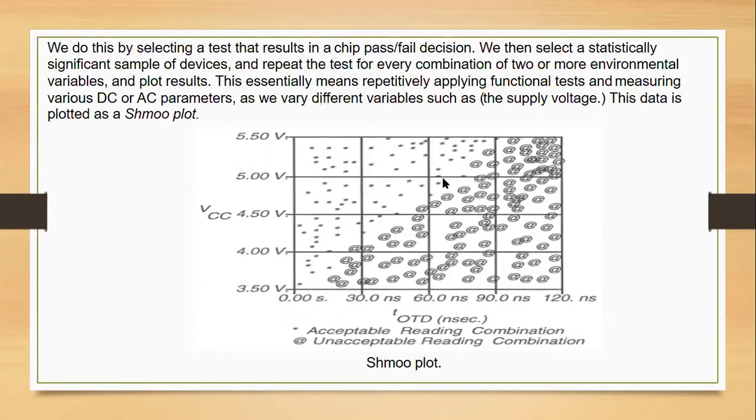If we take one chip, whether it passes or fails the test can be defined based on the test operation itself. This is a statistical representation with different statistical points. This is represented as unacceptable reading combinations.